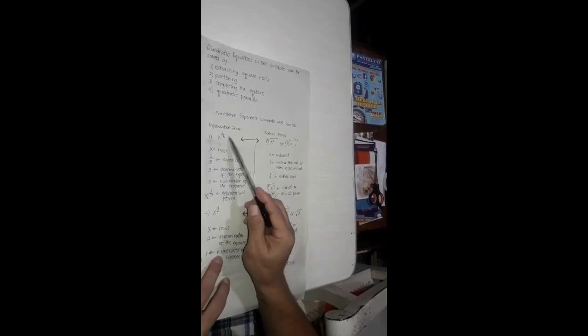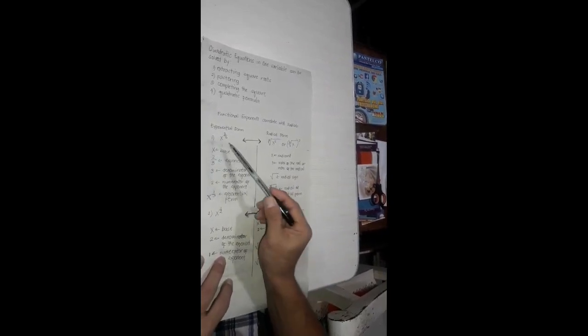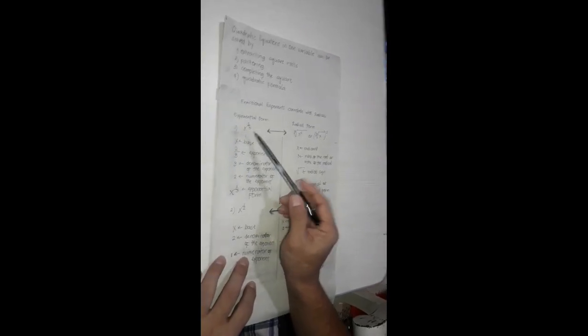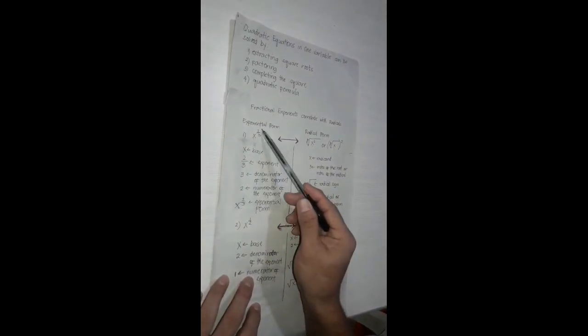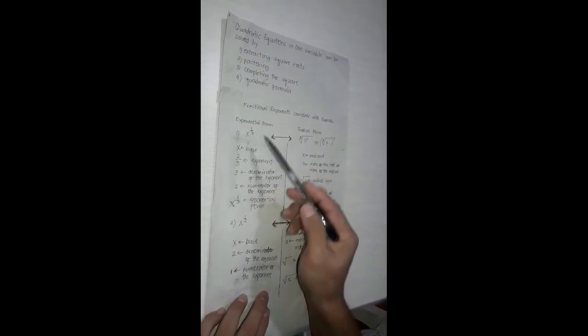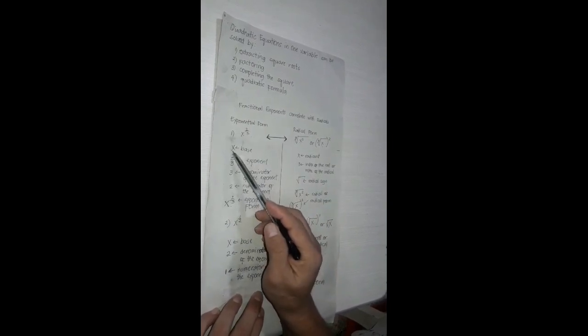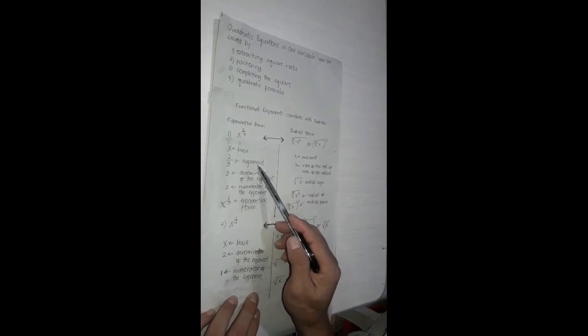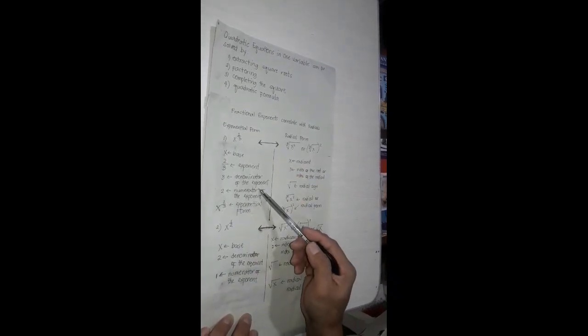So this is the exponential form of the expression x raised to 2/3, wherein x is the base, 2/3 is the exponent, 3 is the denominator of the exponent, and 2 is the numerator of the exponent.